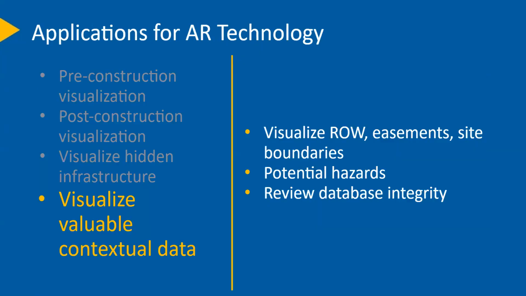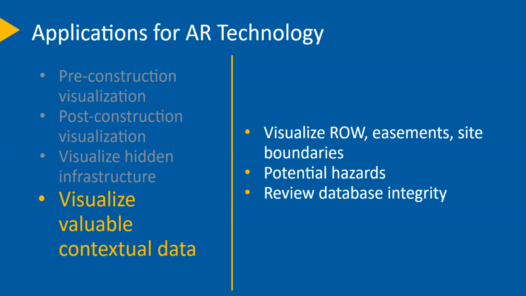And additionally, augmented reality can take that and overlay it into the real world for the decision-making process. So things like you want to visualize boundaries, whether it's right-of-way boundaries, easements, site boundaries, maybe it's flood levels. It could be anything at all.